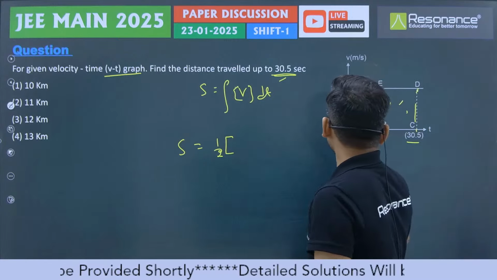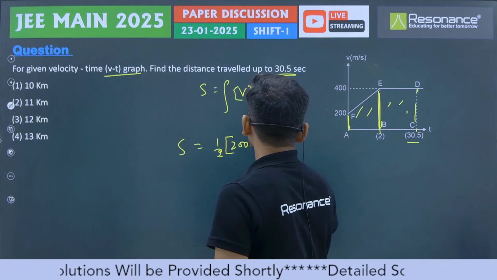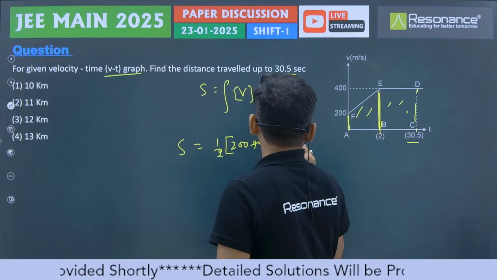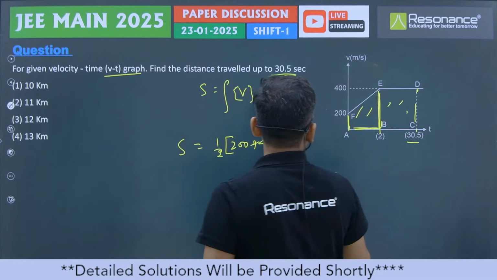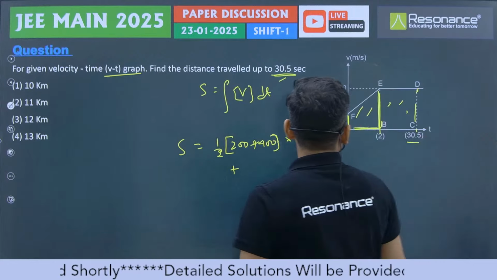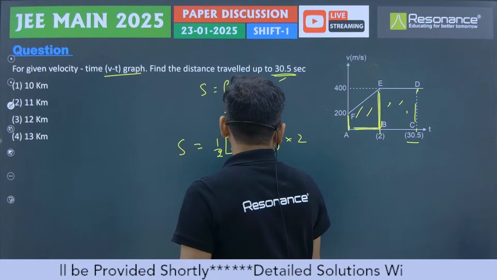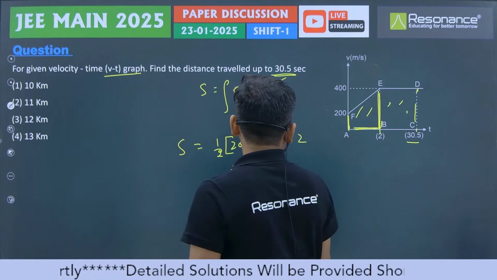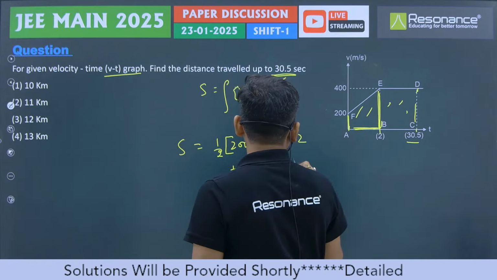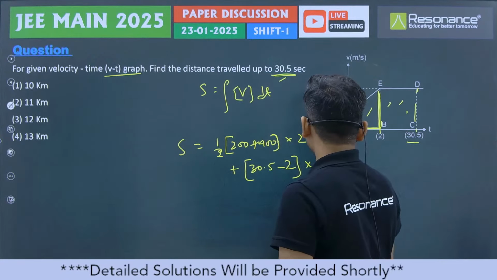So half into the sum of parallel sides, that is 200 plus 400, into the gap between them, this is 2 seconds, plus this area, that is length 30.5 minus 2 into breadth, that is 400.